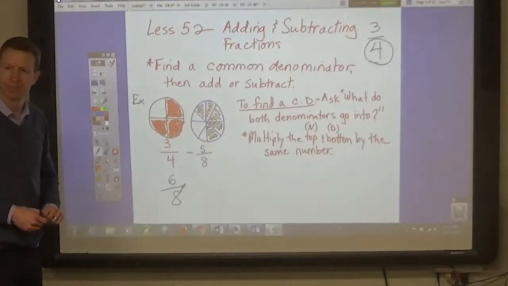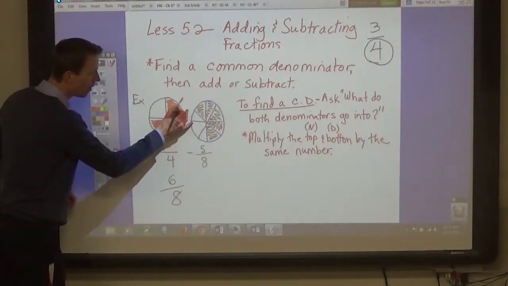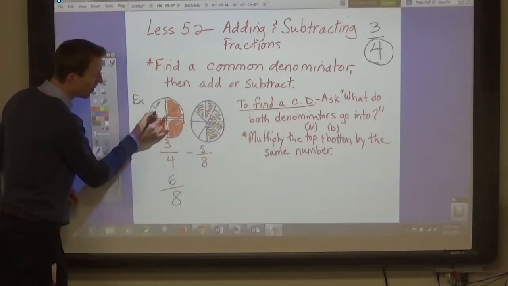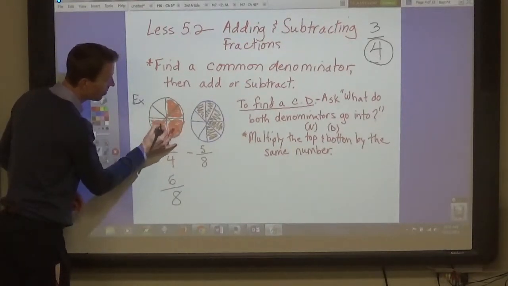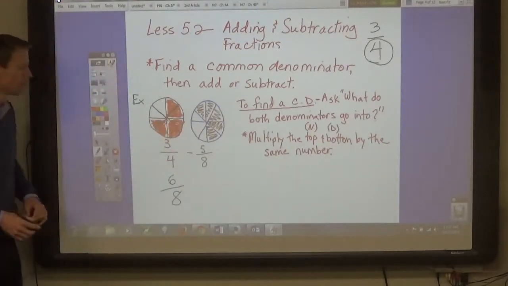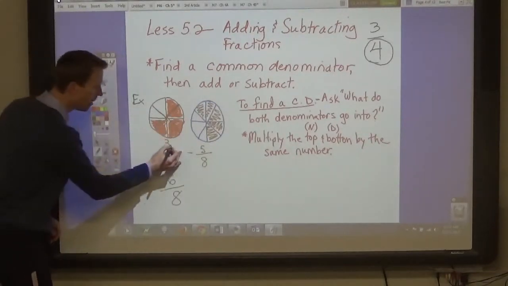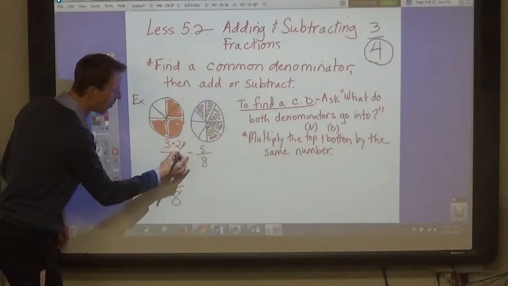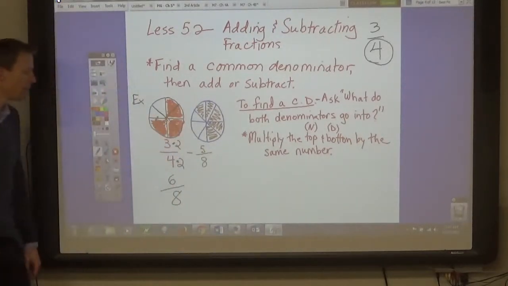You're just cutting the 4 pieces in half of them. Yeah, we're cutting them in half. We're taking these, and we're actually going to take all of these, but cutting it up into 8s. We're making 8 pieces out of 4, cutting it into 8s. Or, to do the math, we are multiplying the numerator and denominator by 2.